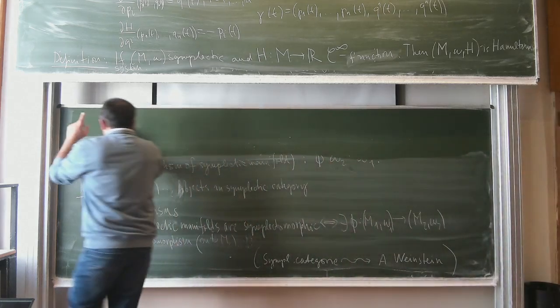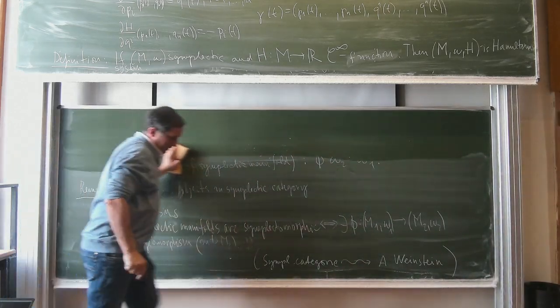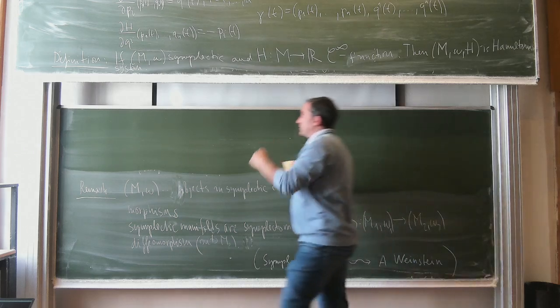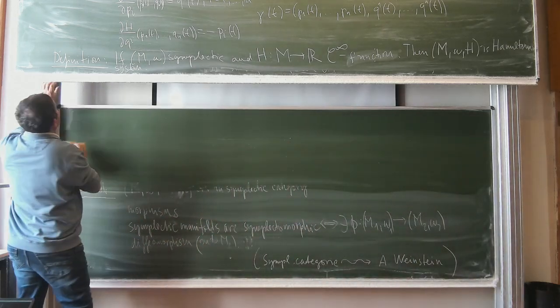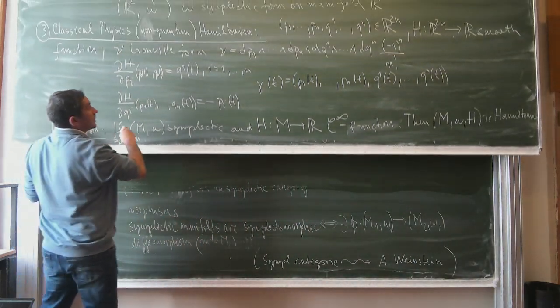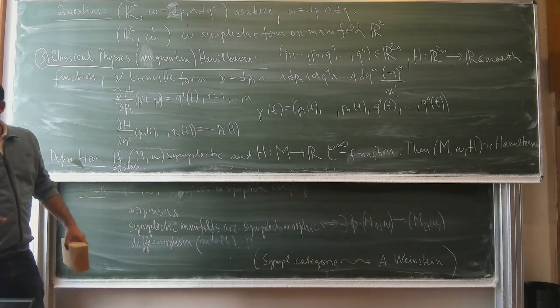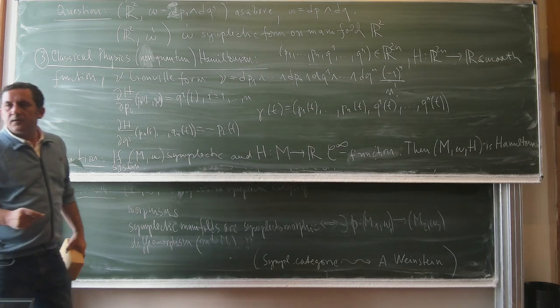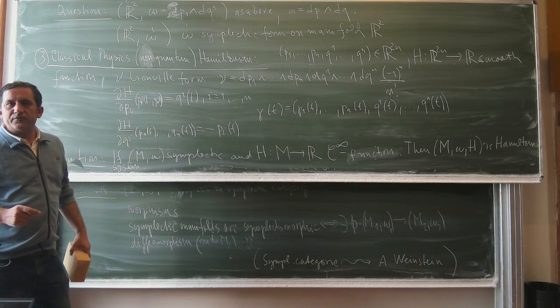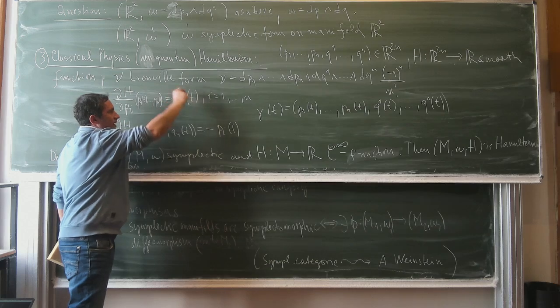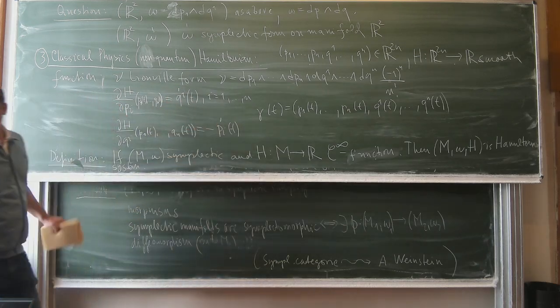We would like to capture the structure of the equations above. Oh, and there is a mistake. I forgot to write something; I'm going out of time. Here is a prime and here is a prime.